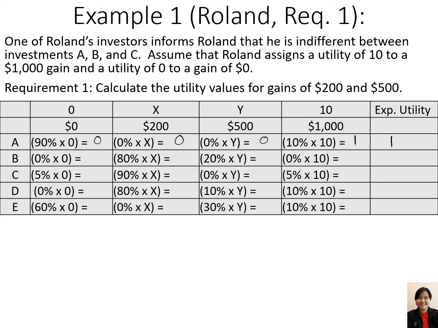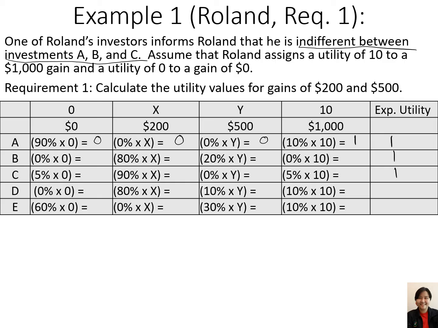So 1 is the expected utility for investment A. Now it states in the problem that one of Rowland's investors informs Rowland that he is indifferent between investments A, B, and C. That means that A, B, and C should have the same expected utility. So since A has an expected utility of 1, B and C should also have the same expected utility.